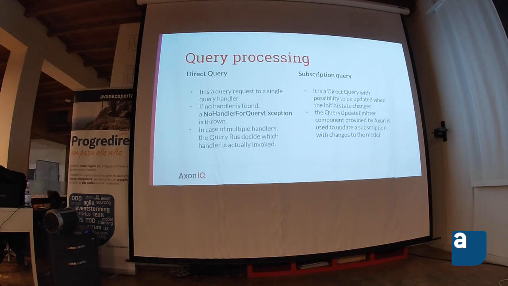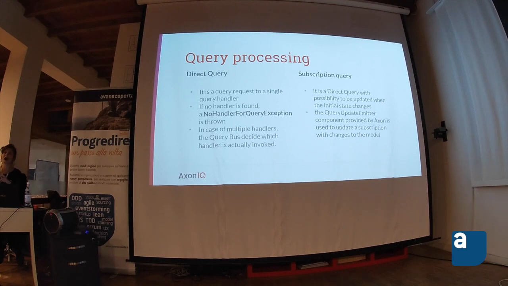The subscription query is the same as the direct query, but with one more feature, which is the fact that we can, for example, use this for chat messages. The subscription query is useful all the time that we want to retrieve an initial result, and then we want to subscribe to the updates for this query.